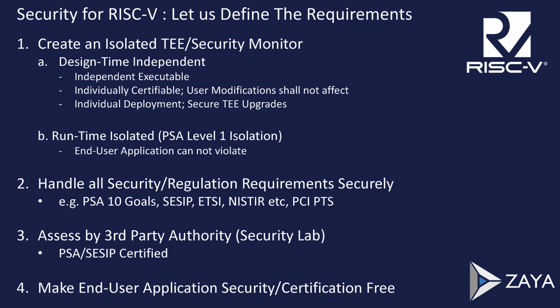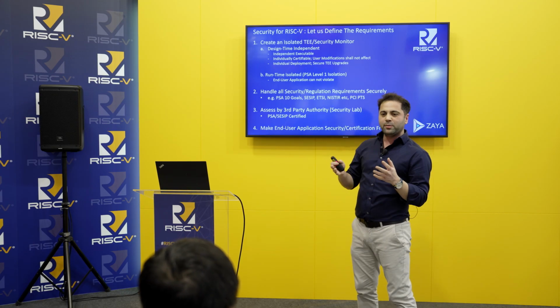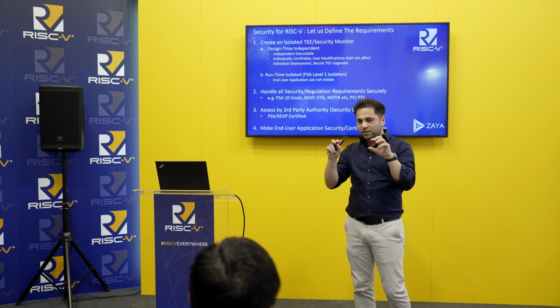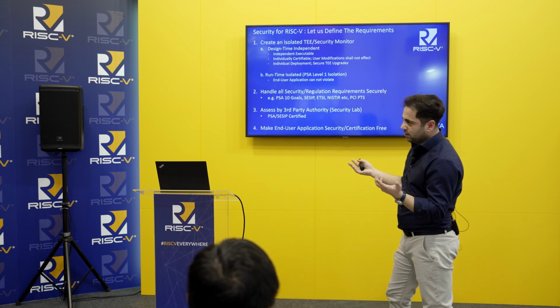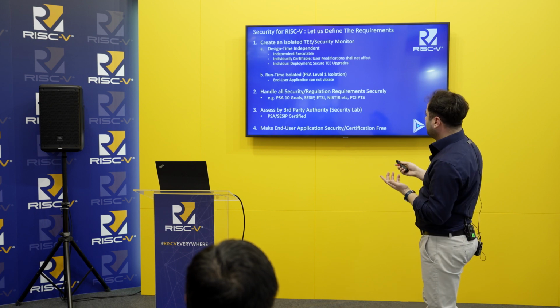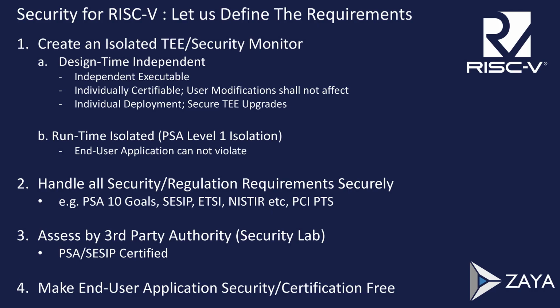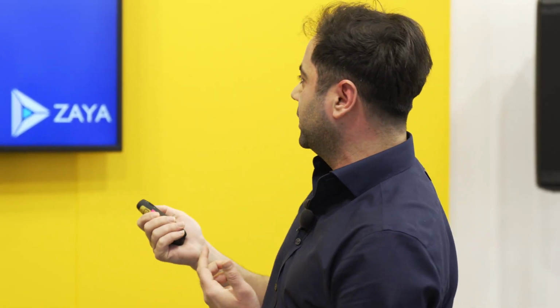And of course, the second requirement is that it must be runtime isolated. So at runtime, the user space shouldn't modify the security monitor or TE. And the TE should handle all security requirements for you. Then in user space, you could be security free and you don't need to think about security or certification. You can just focus on the end user application.